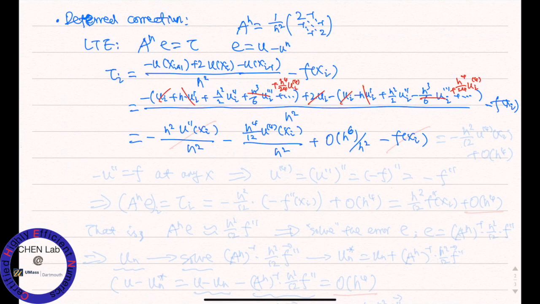So this guy cancels with that guy because u is the exact solution. And we did this before, so this is negative h squared over 12 u to the fourth derivative at xi plus order h to the fourth.